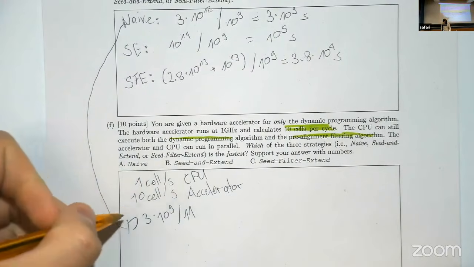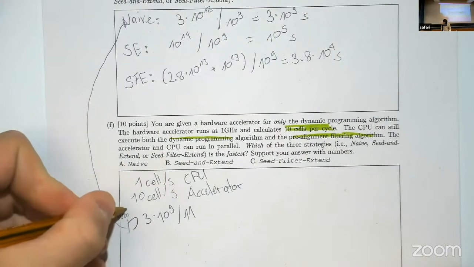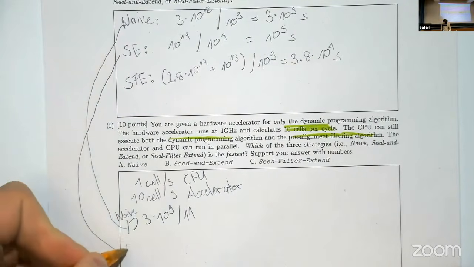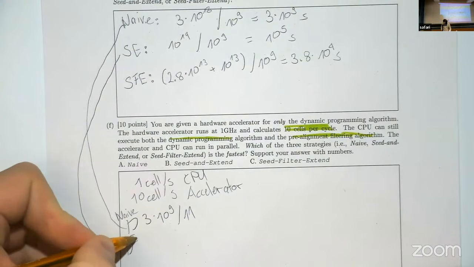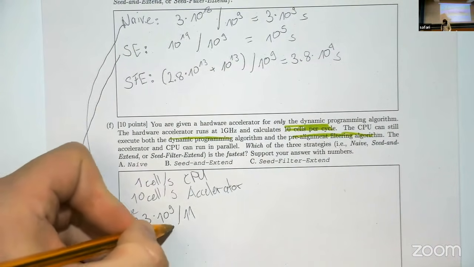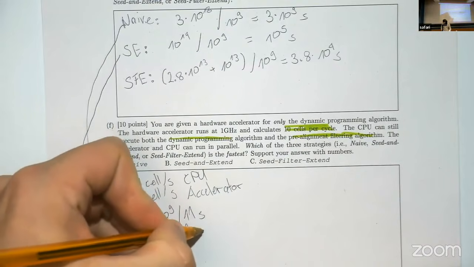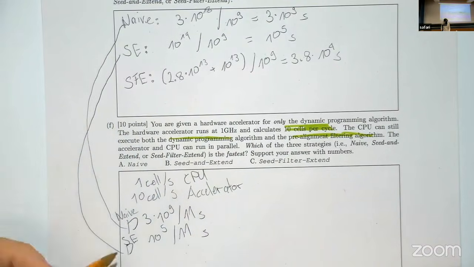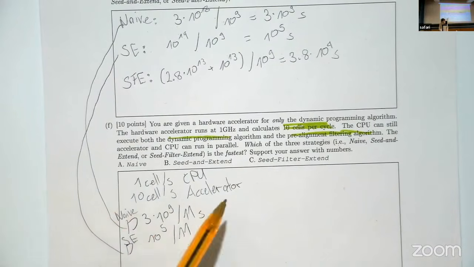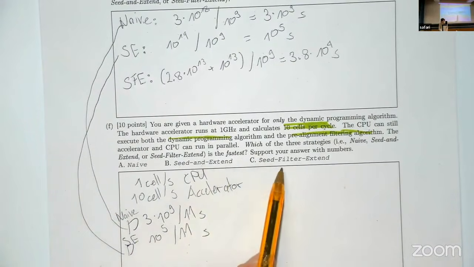That's for naive. And seed and extend also just gets accelerated, so 10 to the 5 divided by 11. So clearly, naive will never be quickest. Definitely seed and extend is faster because it's simply less work done with equal throughput. And the question now is, which is faster, seed and extend or seed filter extend?